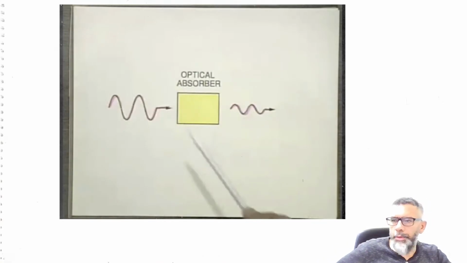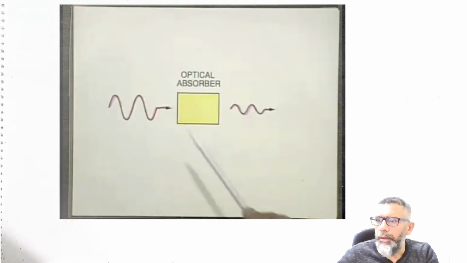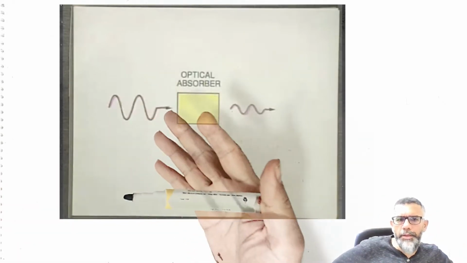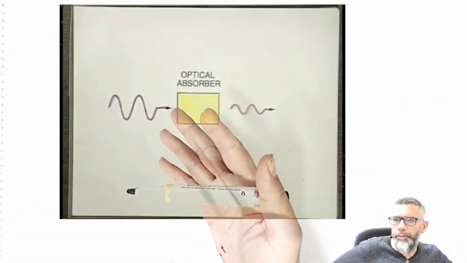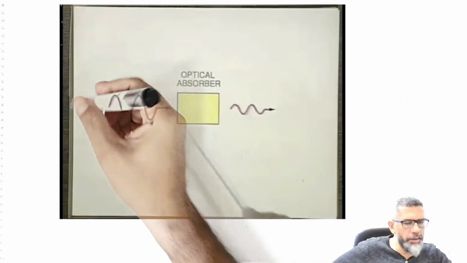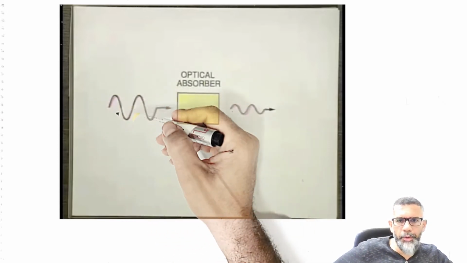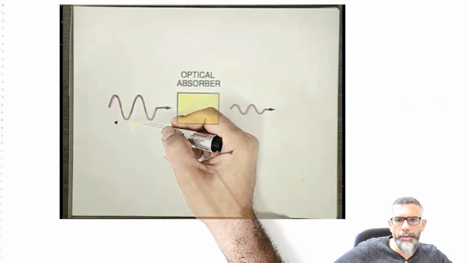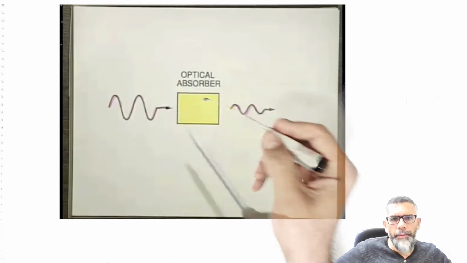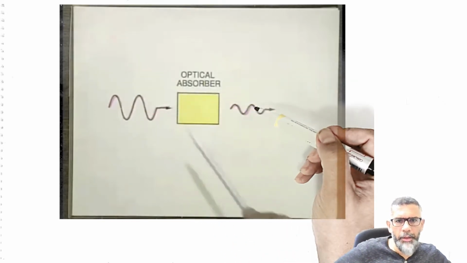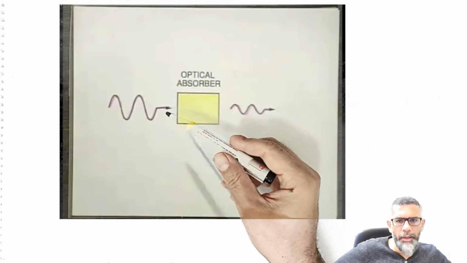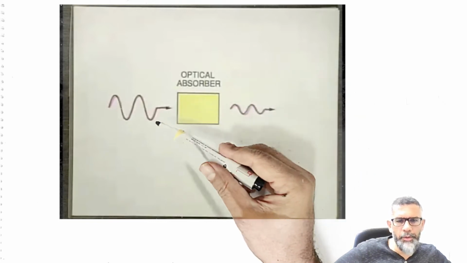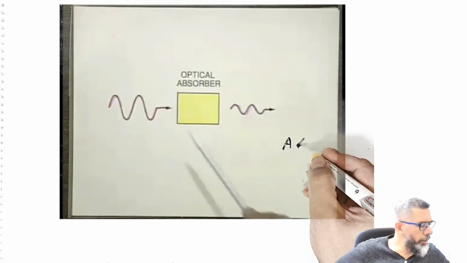Optical absorber. Okay. So it does just the reverse of what the optical amplifier does. If this is the amplitude of the input light or signal, whatever you call it, and this is the amplitude of the output signal, you see the output signal is smaller, so A is smaller than A0.